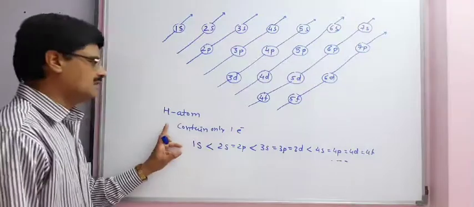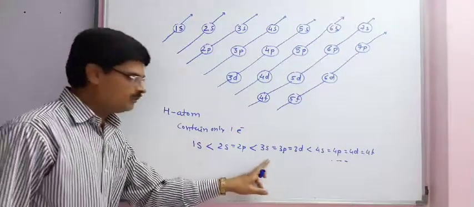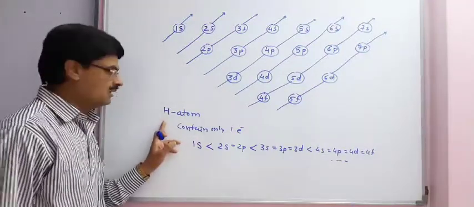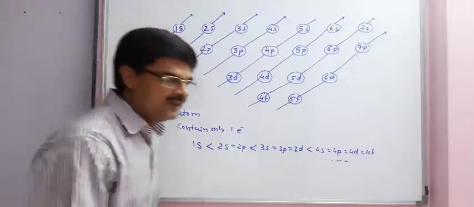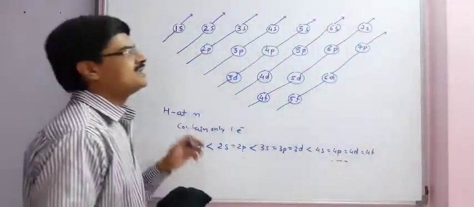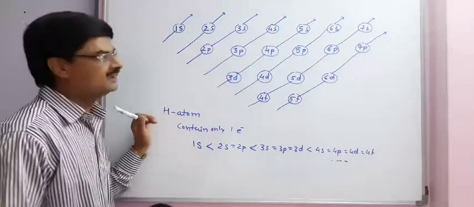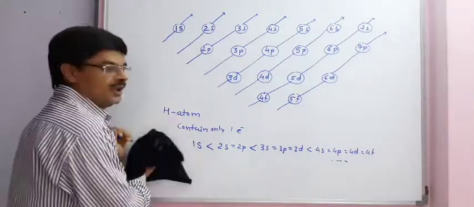So this is the sequence of orbitals for hydrogen atom. Now, using Aufbau's principle, we can understand the filling of electrons in atoms or ions.